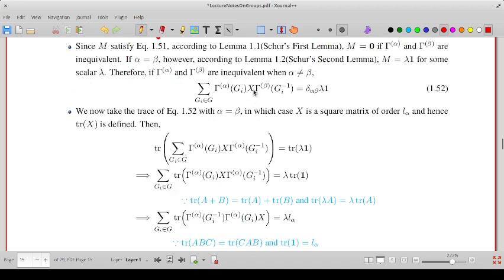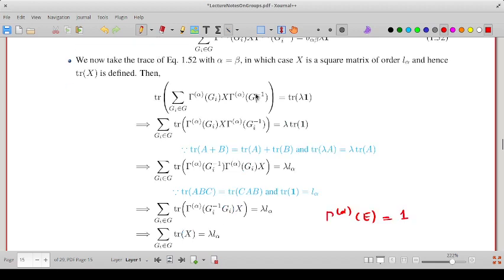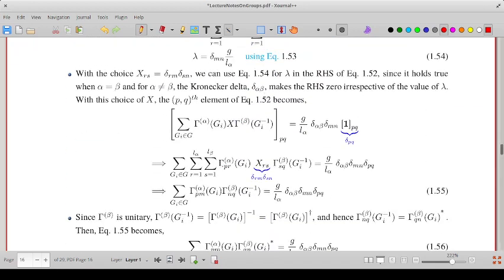For the particular choice that the mnth element of X is 1 and all other elements are 0, we can use the corresponding expression we got for lambda here, and we can explicitly substitute the value of X here, and we end up with this equation: sum over Gi gamma alpha Gi X gamma beta Gi inverse, and if I take the pqth element of that, on the right hand side I will have G by L alpha, delta alpha beta, delta mn.